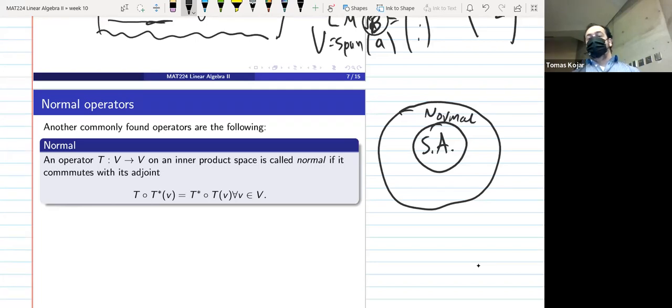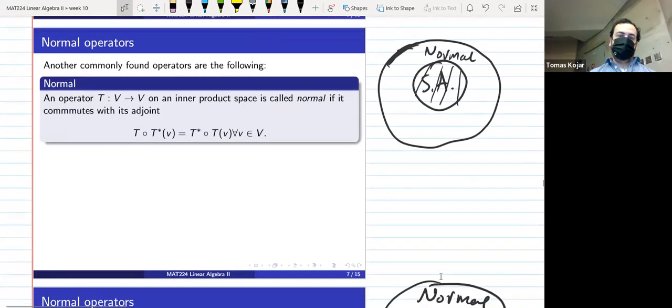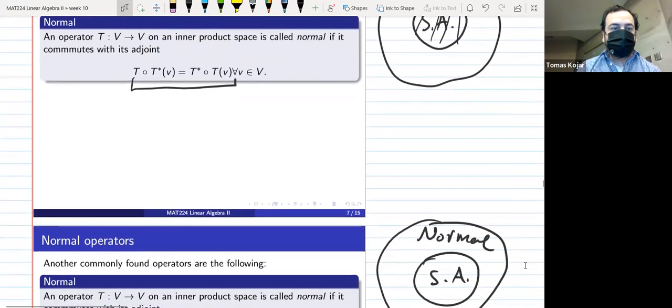So we proved the spectral theorem for a small class of maps, but it turns out that it's true for a larger class. What are normal operators? These are the ones that commute with their adjoint T star. Okay, any questions?